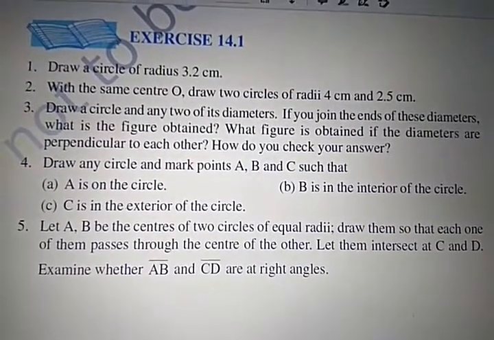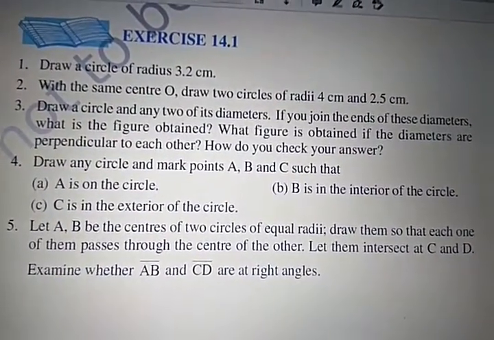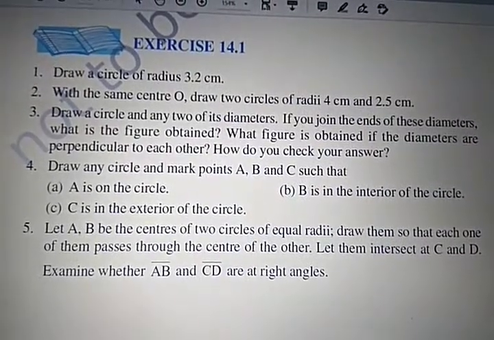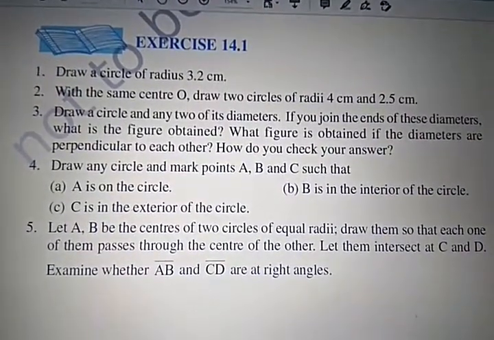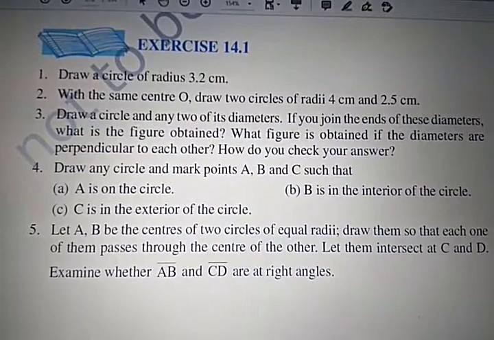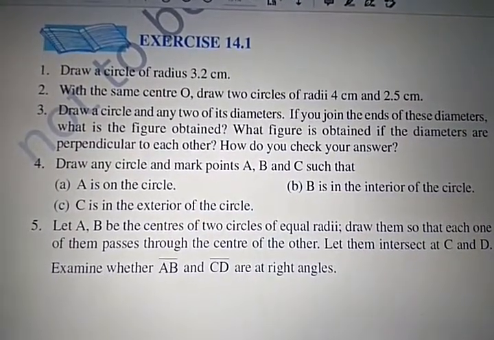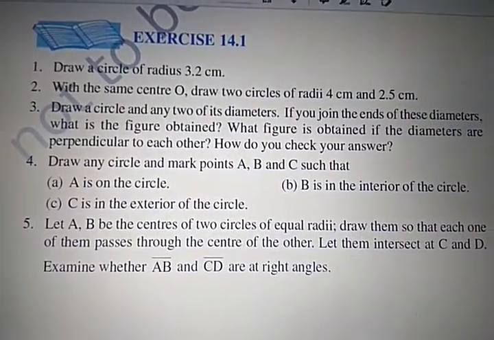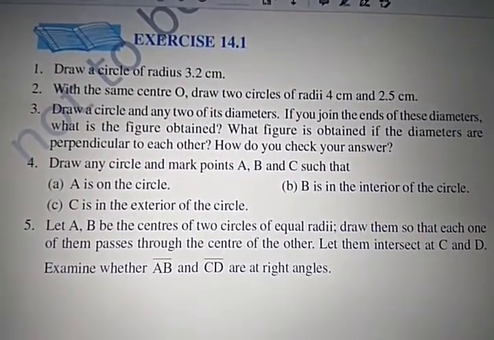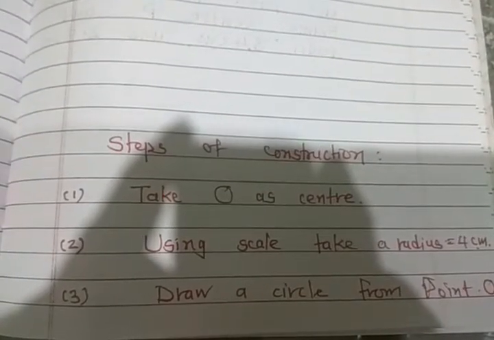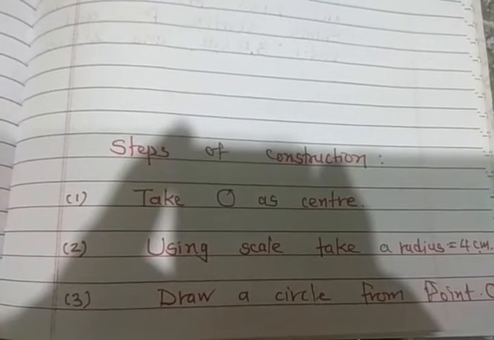As you go through the steps one by one, you should draw as well, right? Children first write down the steps and then draw the circle. No, not like that. You have to see the steps and draw. Okay. Here this is a step of construction. Take O as a center. Correct? So take O as a center.